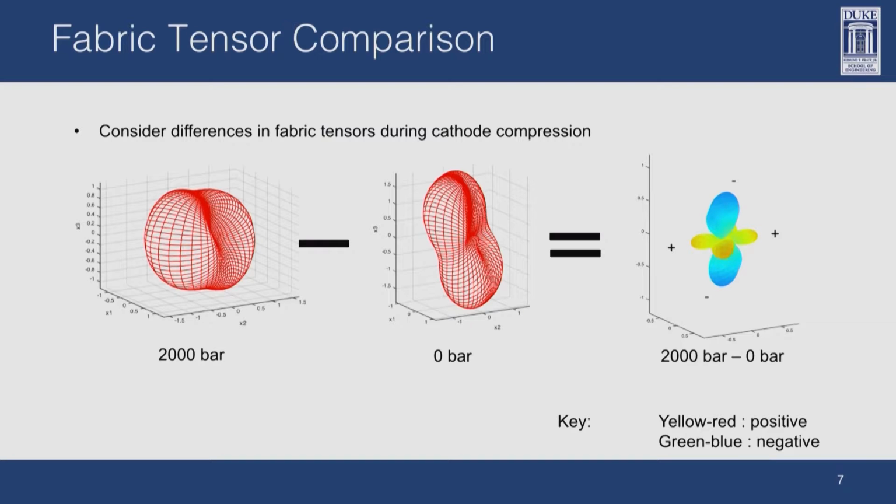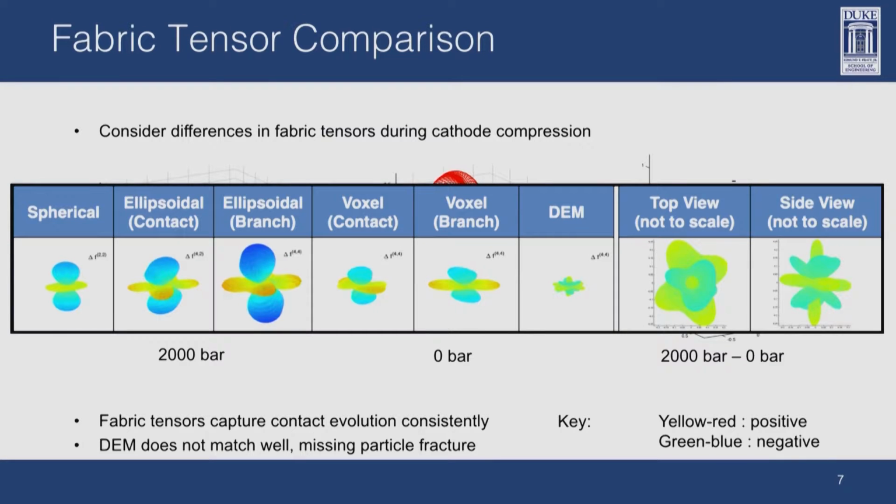And we find that in doing this fabric tensor comparison, all the different geometric approximations we've made to the cathode geometry, some spherical, ellipsoidal, or directly looking at the imagery, the fabric tensors capture this change very consistently. The only difference is that when using the DEM, it does not match nearly as well, and part of this is because it is missing the effect of this particle fracture.